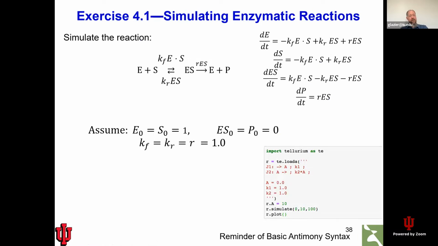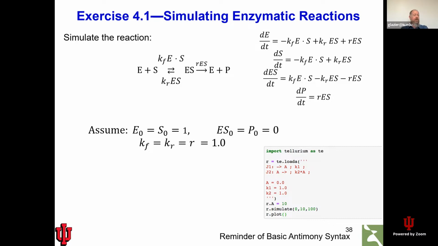Okay, so before we run out of time, let's actually write a little simulation of this. If people could fire up Tellurium and write this out. This was just an illustration, a reminder of the syntax you need.